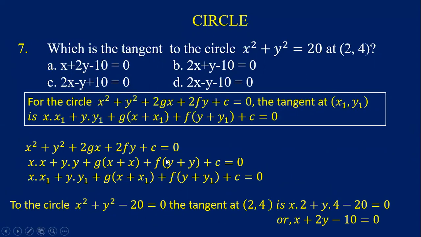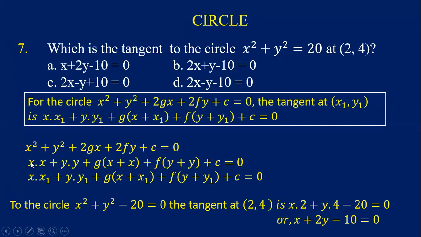How to arrange the equation for putting this 2, 4, that is any point, x1, y1? So how we rearrange? X into x, y into y, g into x plus x, f into y plus y, plus c. It is for your better understanding. Now see, this line and this line is same.